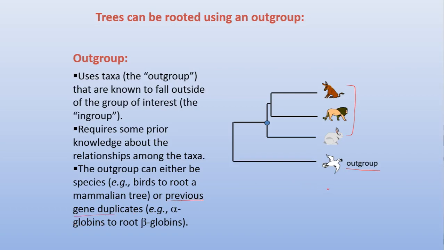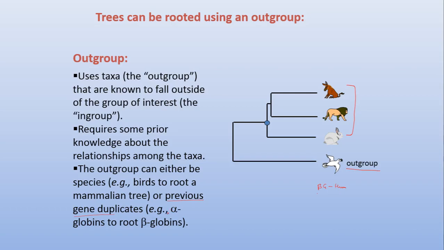So if we are trying to build a phylogenetic tree that involves beta globin from different species, that is beta globin from human, beta globin from some rodents, beta globin from marsupials, then you can use some alpha globin to root those beta globins, right?